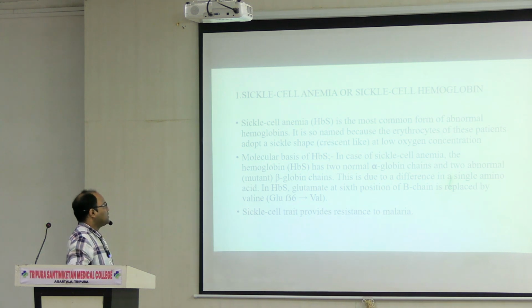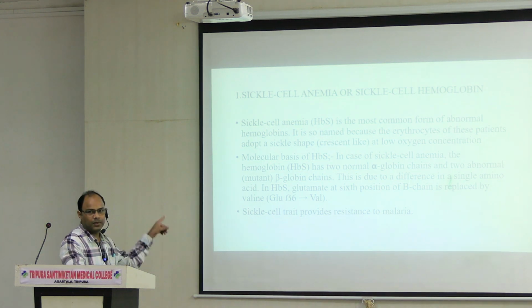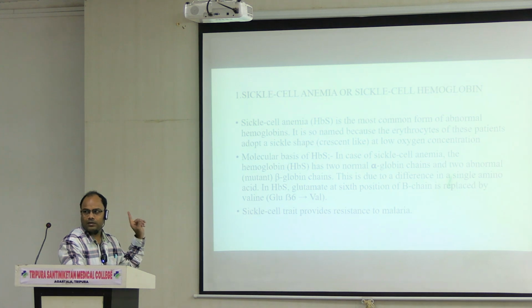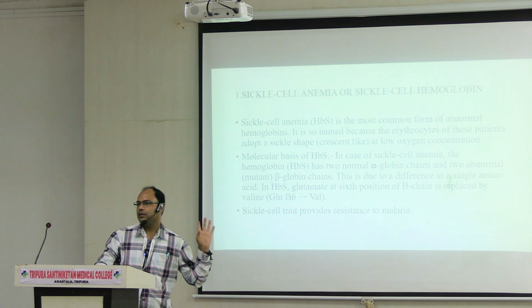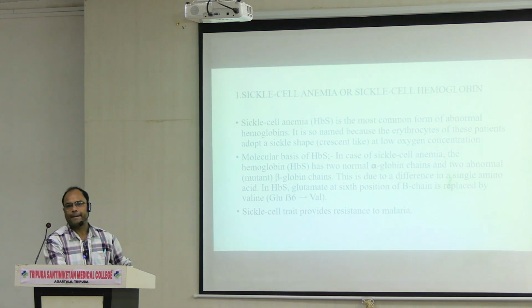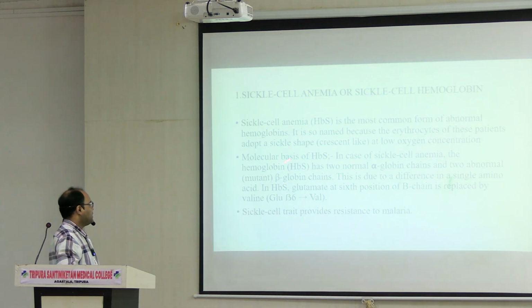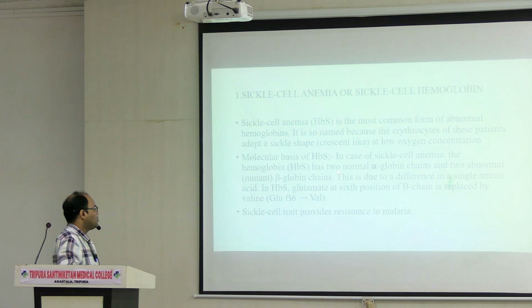Molecular basis of HbS. You may ask in the exam, please remember this is a very important question. A short note on sickle cell anemia may be asked. If you write this, the molecular basis: in sickle cell anemia, hemoglobin S has two normal alpha chains and two abnormal mutant beta globin chains.